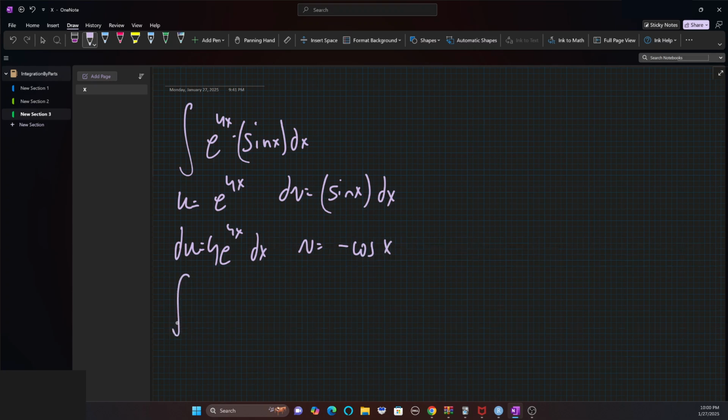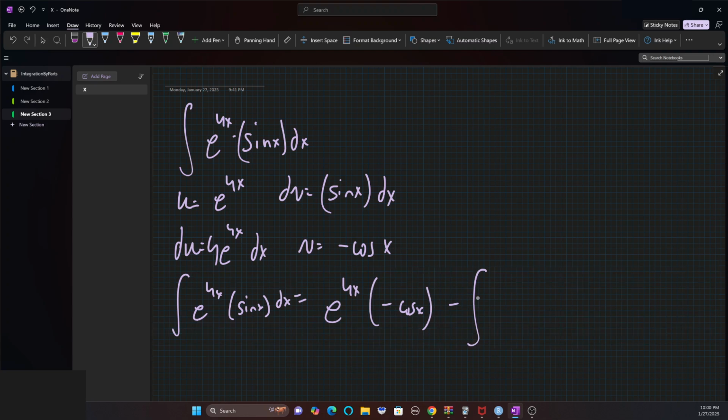Now we have our original integral is going to equal uv, which is e to the 4x times negative cosine x, minus the integral of v du. So that's negative cosine x, in parentheses, times 4 e to the 4x dx.